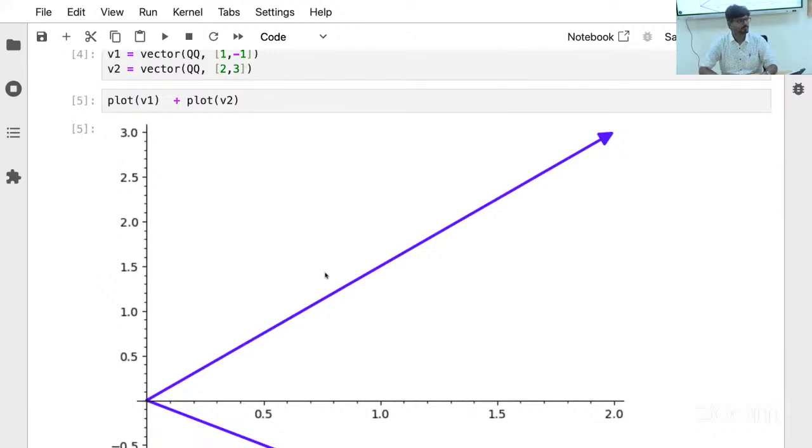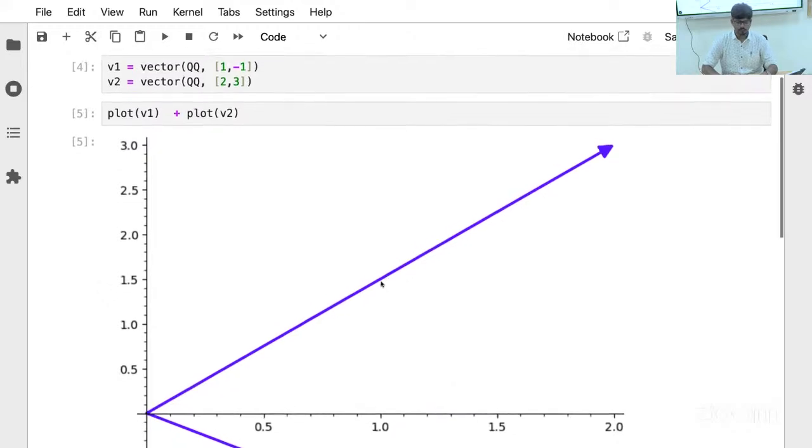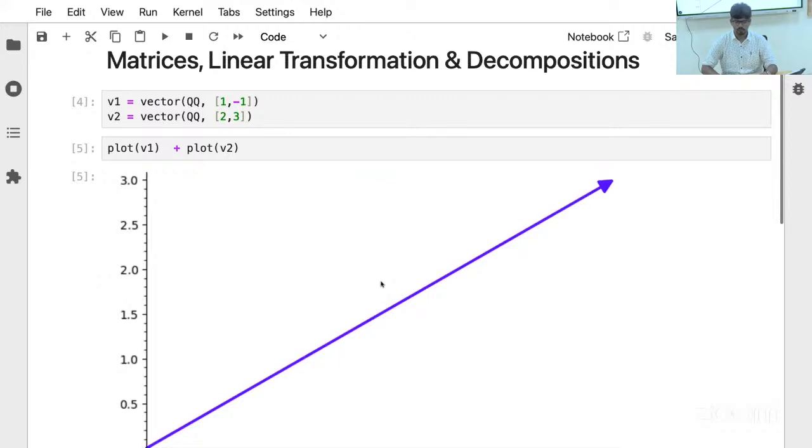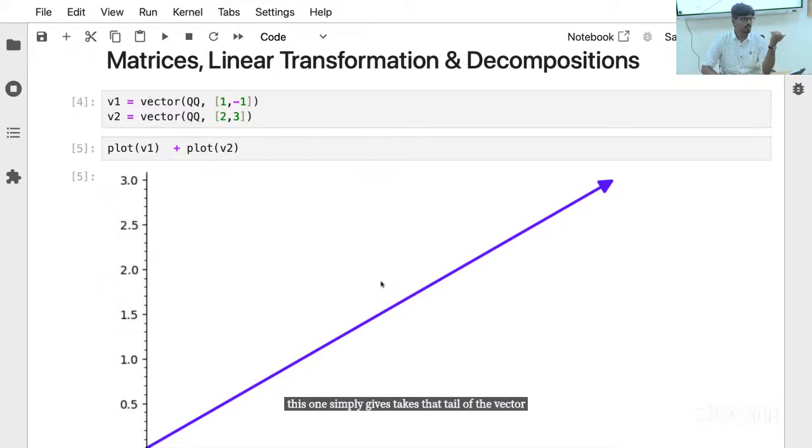Okay. There is also another function called arrow that you can use to plot vectors as well. This one simply takes the tail of the vector as 0, 0.